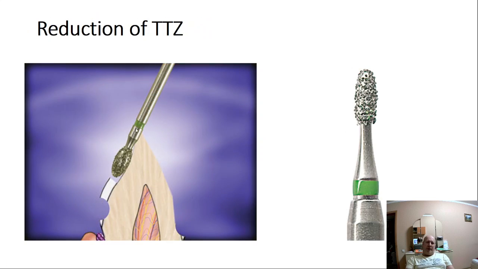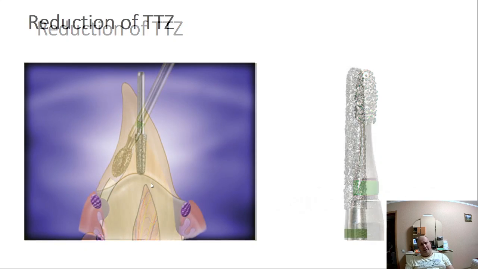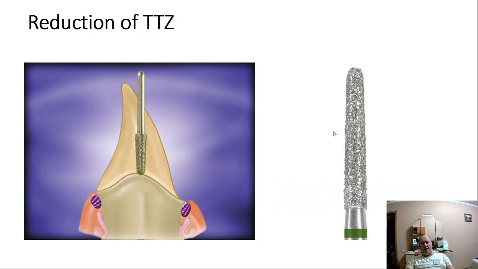Okay, then you begin to do like that, or you can use a cylindrical bore. This is your future ledge, and here you can see the cylindrical bore. Just like that, it's very good.